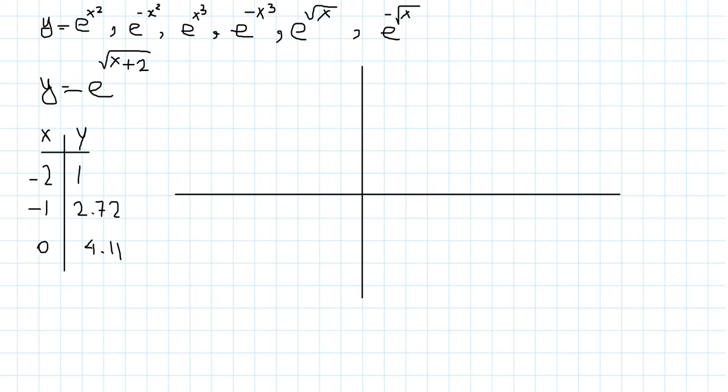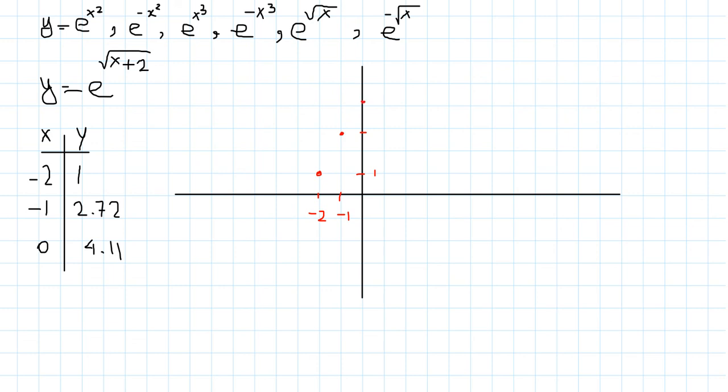Okay, so at first minus 2 and 1, this point. Second, minus 1 and 2.72, something here. And next is 0 and 4.11.